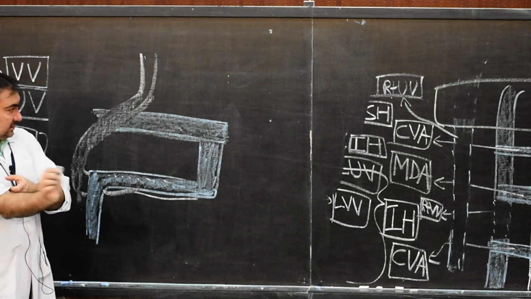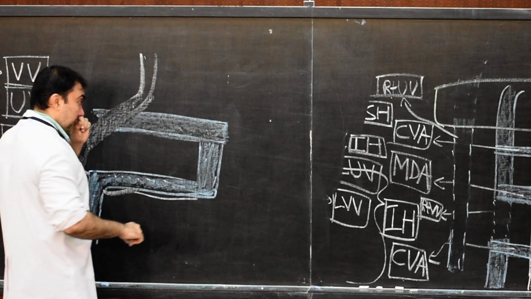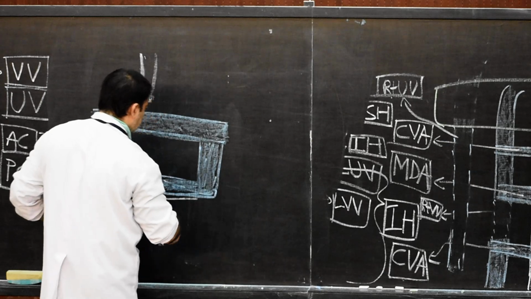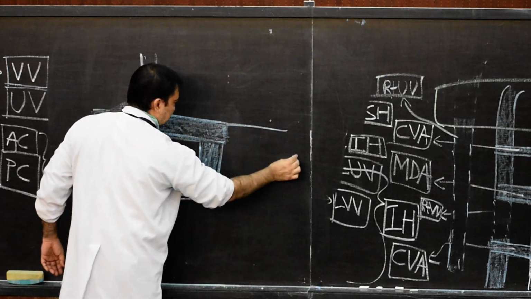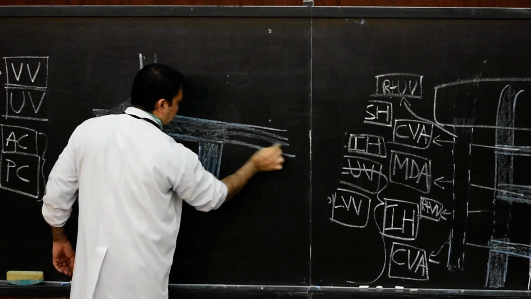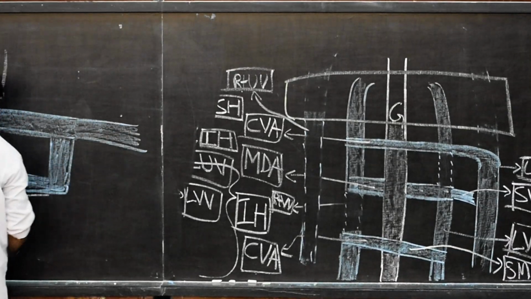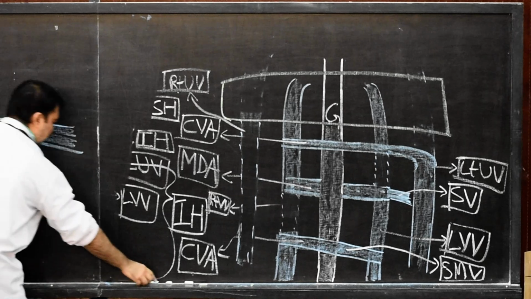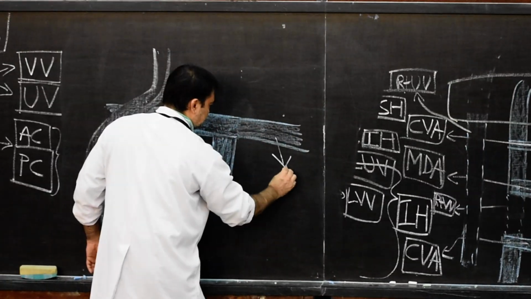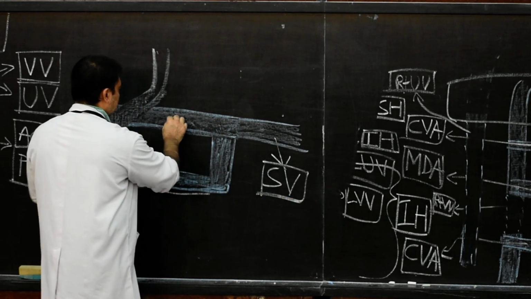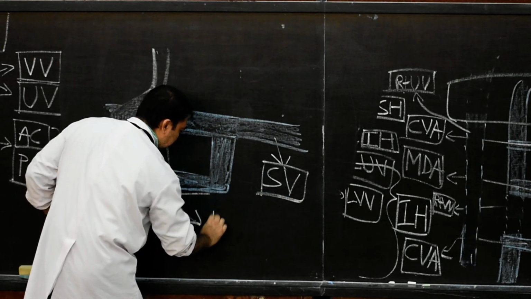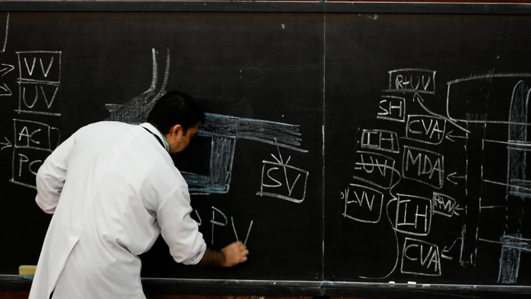Now if you concentrate only on the middle ventral, middle dorsal anastomosis, there will be opening of the splenic vein. This vein which is coming is known as the splenic vein, and therefore if we write the splenic vein here, the portal vein is developed. Now this will be the portal vein, the stem of the portal vein.